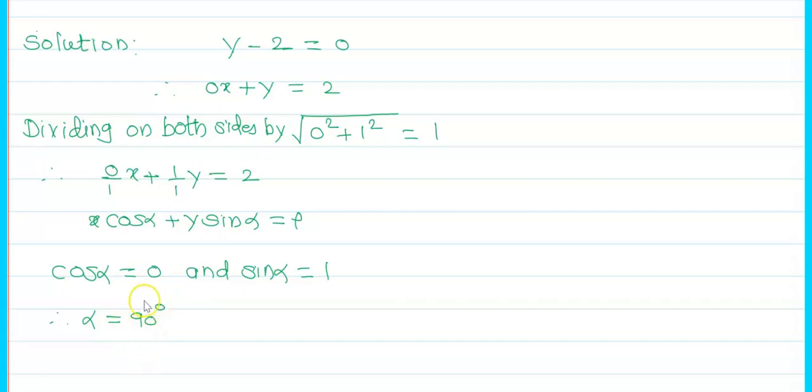Because cos 90 is 0 and sin 90 is 1. But what about the value of p? That p equals 2.